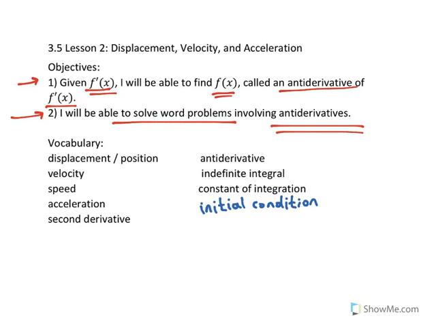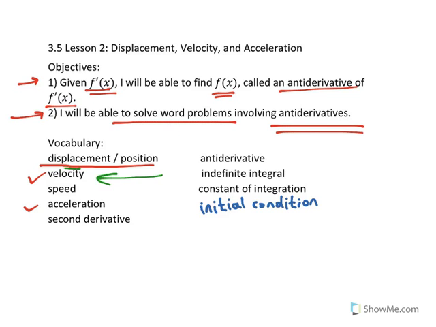And we're going to take a look at our problem from yesterday, number 5, where we had a given displacement or position function, and yesterday we learned that the derivative of the displacement function gave us the velocity function, and the derivative of the velocity function gave us the acceleration function. Today we're going to think about it like this.